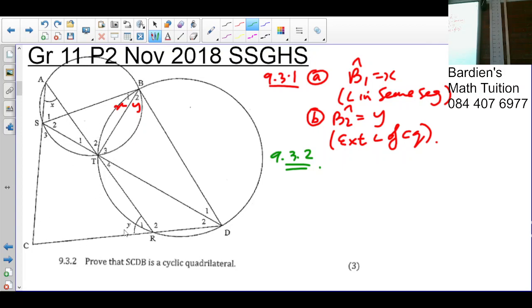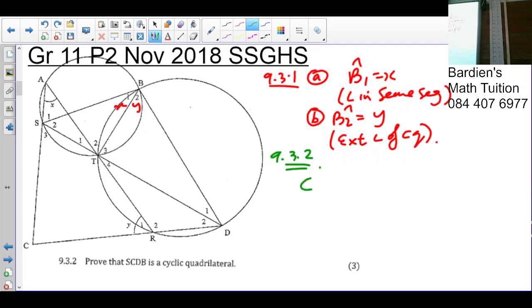Okay, here I can go with sum of triangles. Can you see it? In that triangle I can say that angle C is going to be 180 minus x plus y. You all agree with that? Why? Sum of the interior angles of a triangle.